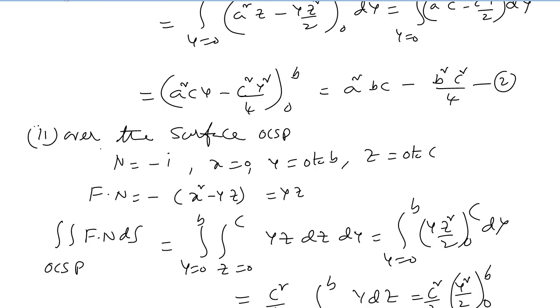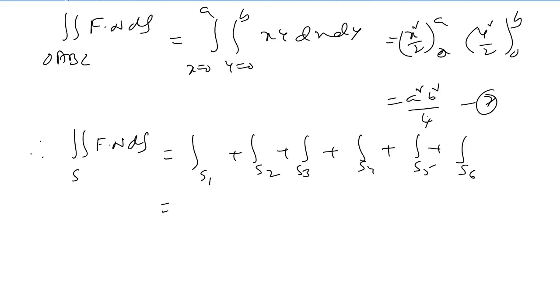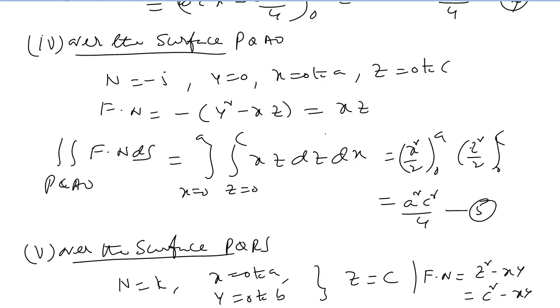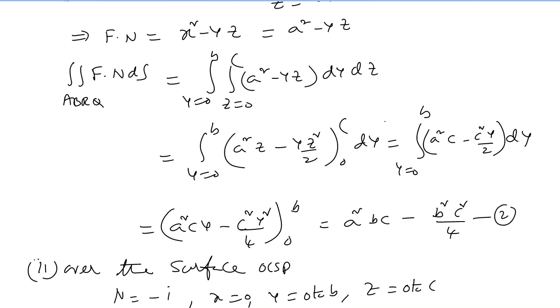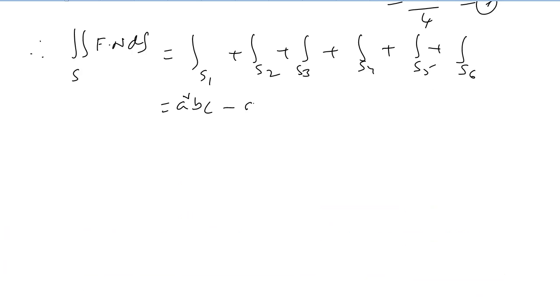First surface integral value: a square bc minus b square c square by 4.